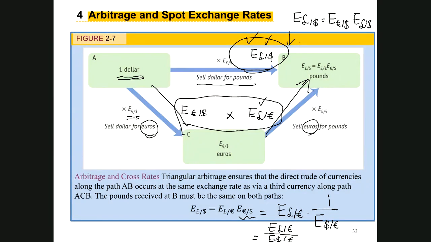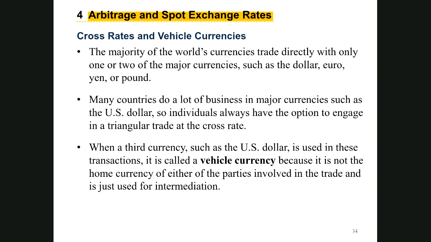The cross exchange rate. Okay, so as I said, a vehicle currency is the currency that is not on either side of the transaction directly. You use it as a vehicle, as an intermediation.